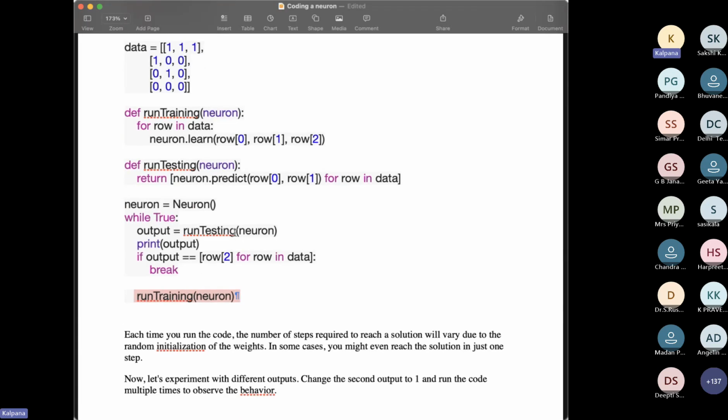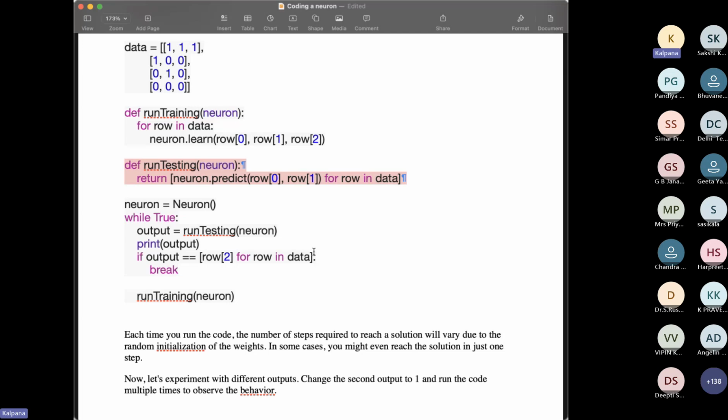So we initially created a predict function, then we created a neuron which has a predict and learn method, and later on we wrote some code where we are training and testing, and then we created two different methods for training and testing, and this training and testing will continue until, for this given data, the output is correct for all the input data.